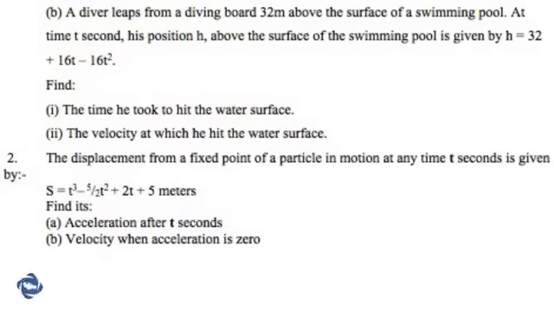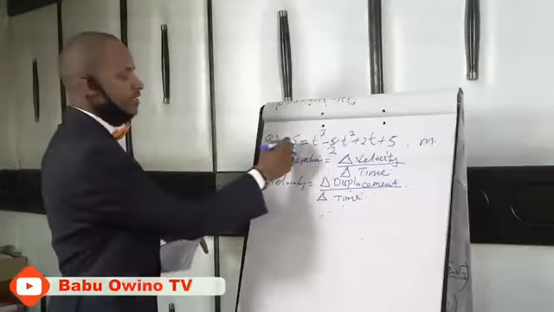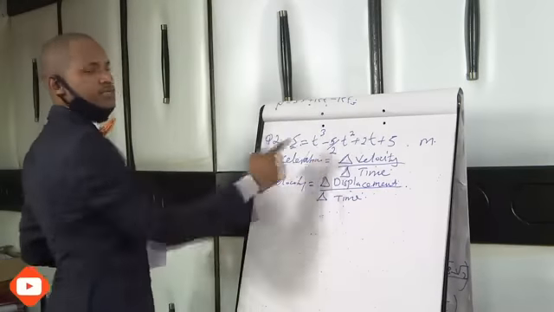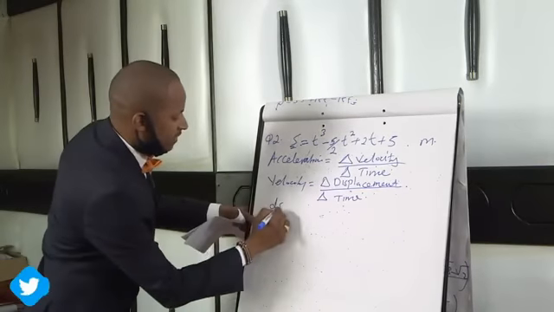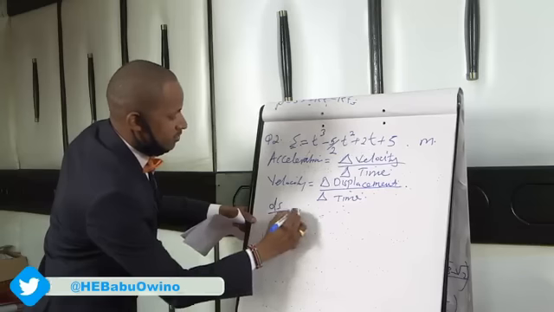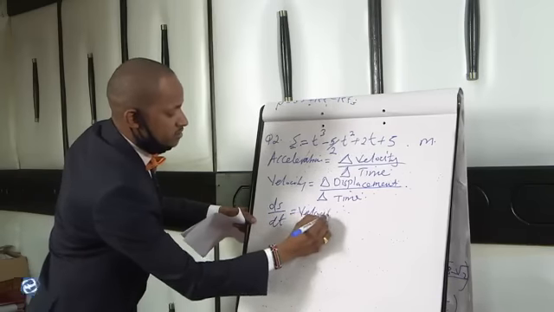Therefore, for us to get acceleration, we will have to get velocity first. To get velocity when we are given displacement s, we differentiate s with respect to t. Therefore, we will have ds/dt, which will give us the velocity.